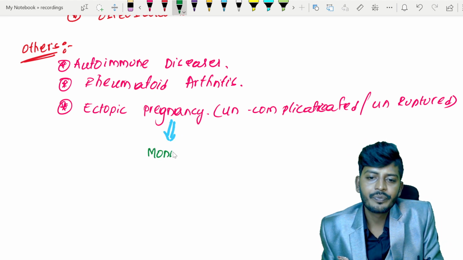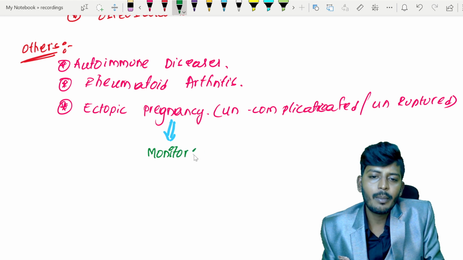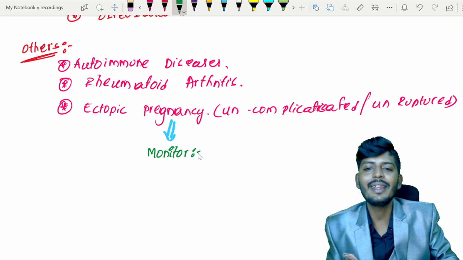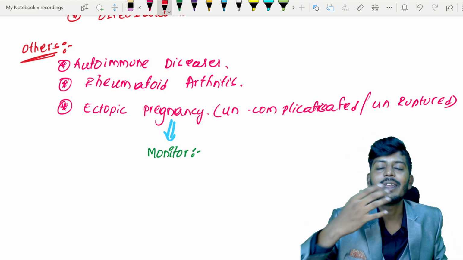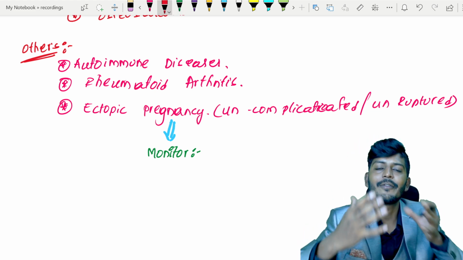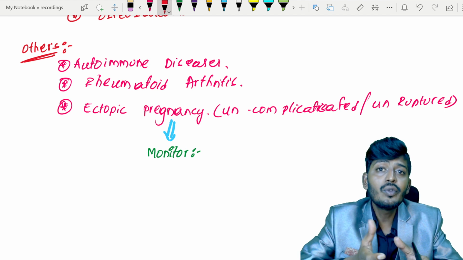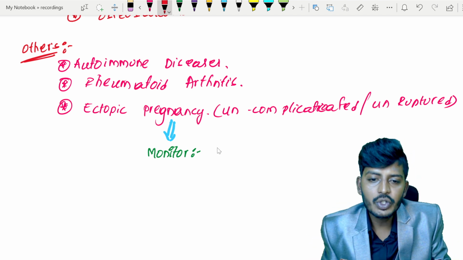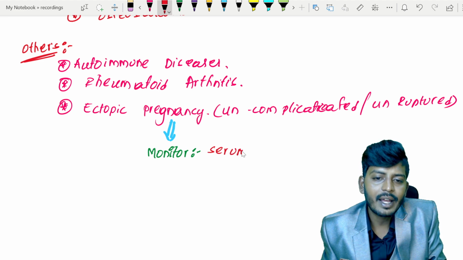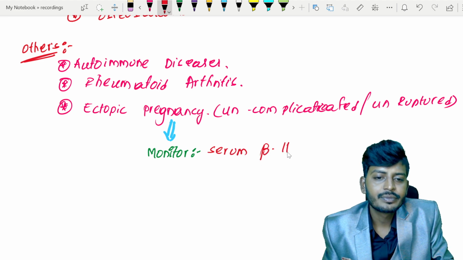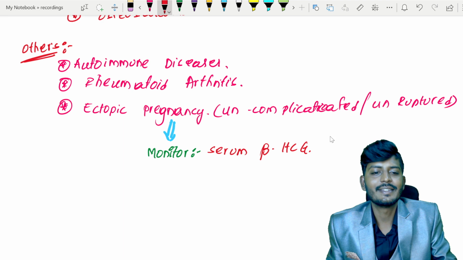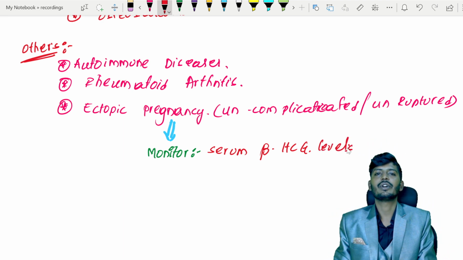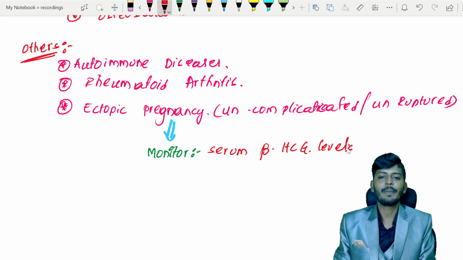As soon as I say monitor, don't think of it as therapeutic drug monitoring. No, this is not therapeutic drug monitoring. Rather, to monitor whether your treatment of the ectopic pregnancy with methotrexate is successful, we are going to check the serum beta HCG levels. Serum beta HCG levels are measured during the treatment of ectopic pregnancy.